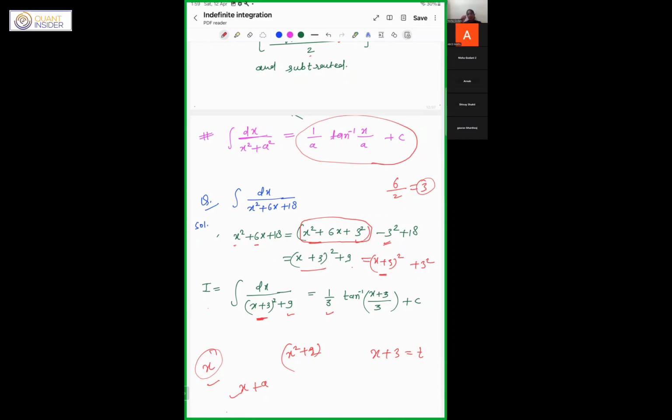So x is replaced with x plus 3, a linear factor, such that both have the same differentiation. Otherwise you can do it by taking x plus 3 as t, using the substitution method. So you can also use that. Otherwise, if only a constant is added or subtracted, there is no problem. You can apply that formula by replacing x by x plus 3. So in this way you have this one.